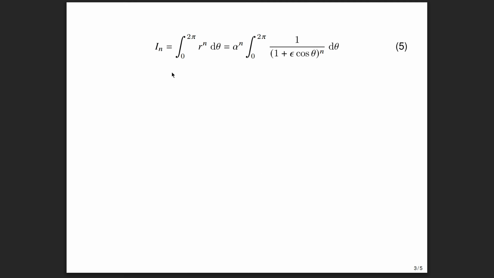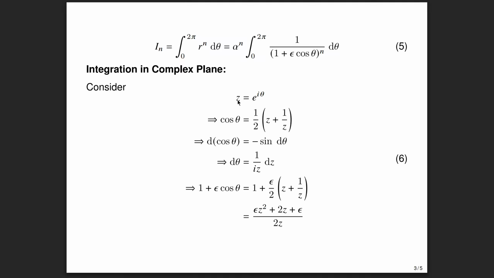Now let's consider In, that has r raised to power n in the integrand, and after substituting r, which is 1 upon 1 plus epsilon cosine of theta, we get equation number 5. Now we will do the integration in the complex plane, and for that we will consider z equal to e raised to power i theta, which is the parametric equation for a unit circle centered at the origin.